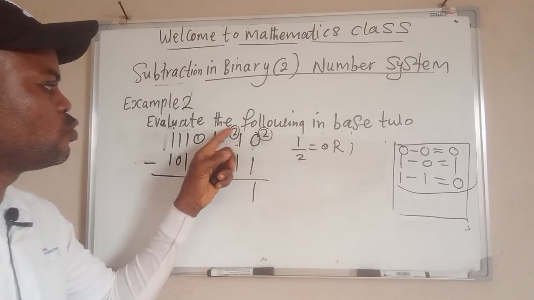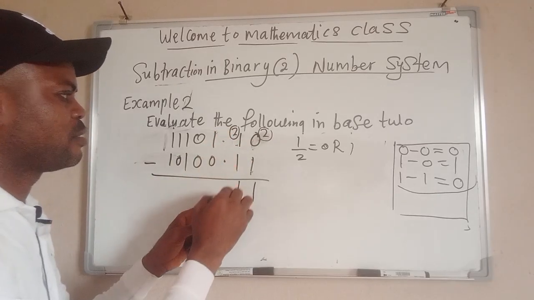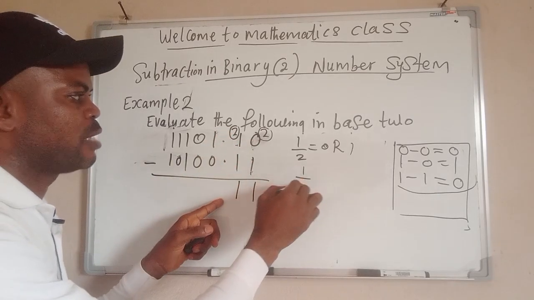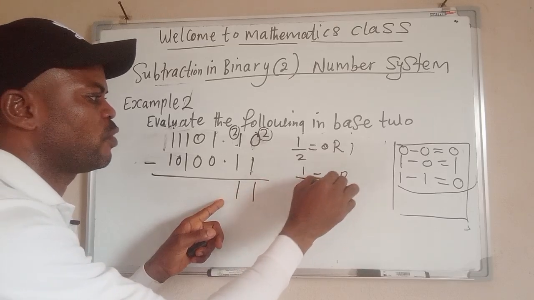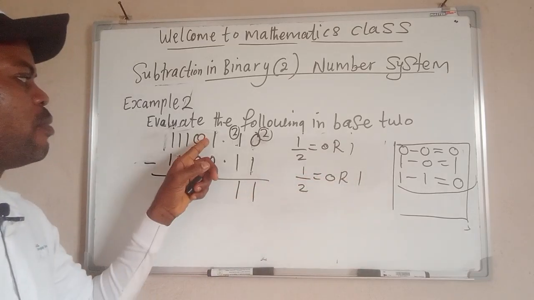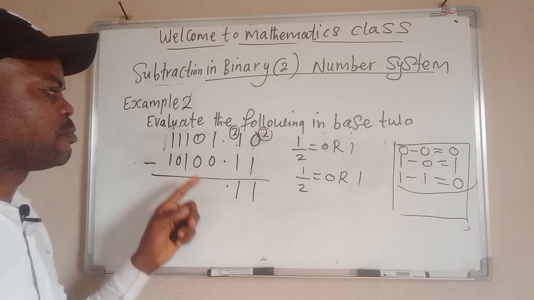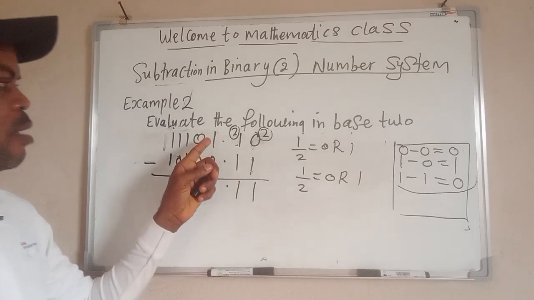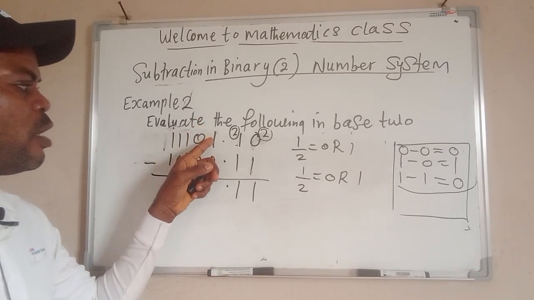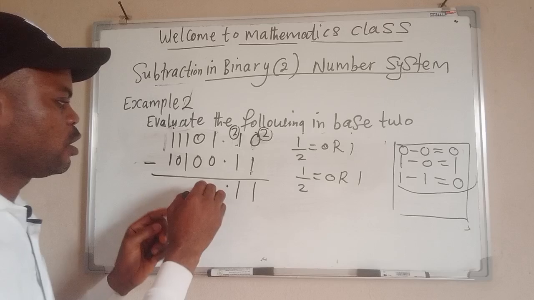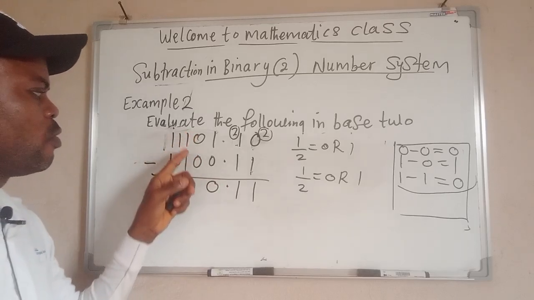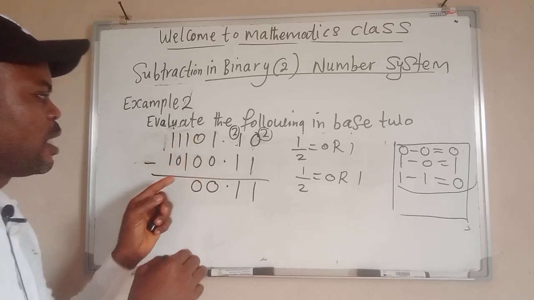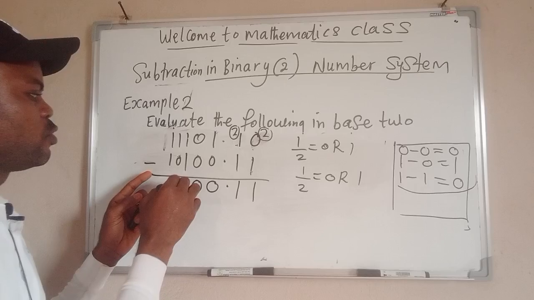So now 2 minus 1 gives you 1. Even if you say the 1 divided by 2, you still have 0 remainder 1. Remember, place your decimal marker. We are left with 0 here. So 0 from 0 gives you 0. How about there? 0 from 0 gives you 0. How about 1 minus 1 gives you 0?